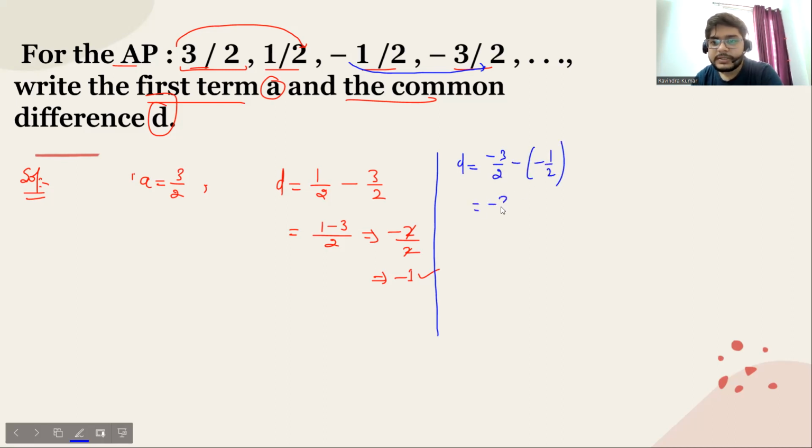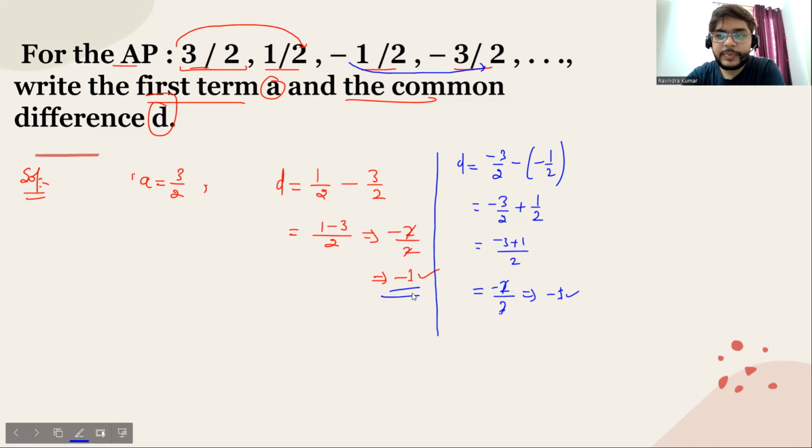Minus 3 by 2 minus, and now again minus 3 plus 1 divided by 2, and minus 2 divided by 2. So 2 is cancelled out by 2, we get only minus 1, the same as we calculated earlier.